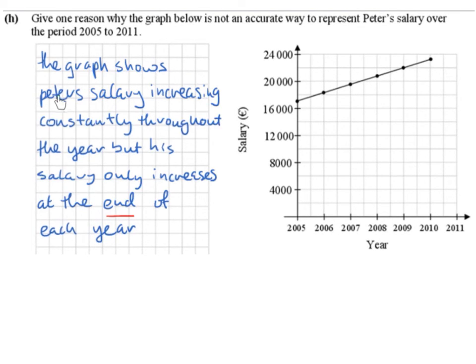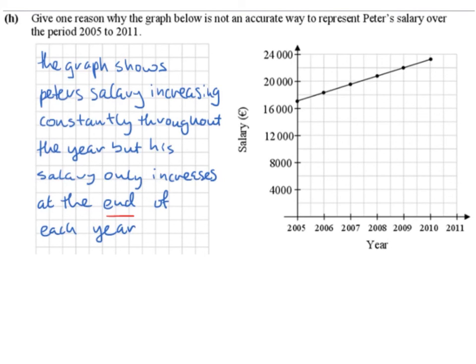Well, the graph shows Peter's salary increasing constantly throughout the year, but his salary only increases at the end of each year. So this is not correct. Because it is a constant straight line, it would indicate that every single day his salary is increasing. But this is not the case. His salary only increases at the end of each year.